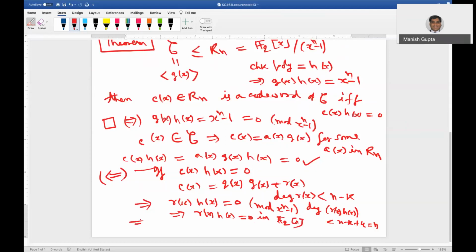This implies that since h(x) is non-zero, r(x) is equal to 0, and this implies that c(x) can be written as q(x) into g(x). That means it belongs to C. So this is our result: if you take a polynomial c(x) in Rn, it is a code word of C if and only if c(x) into h(x) is equal to 0.